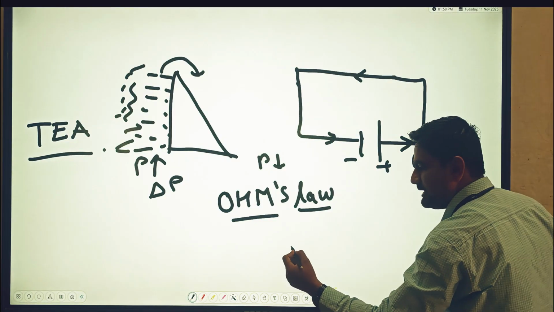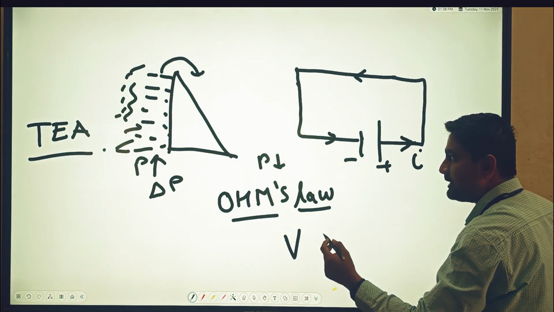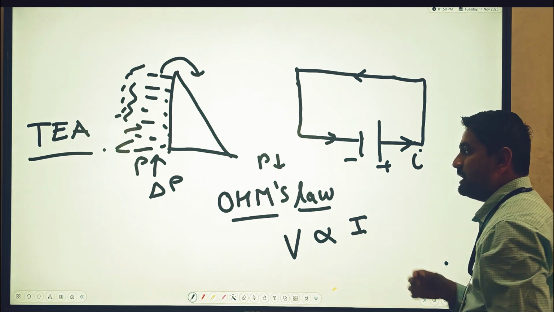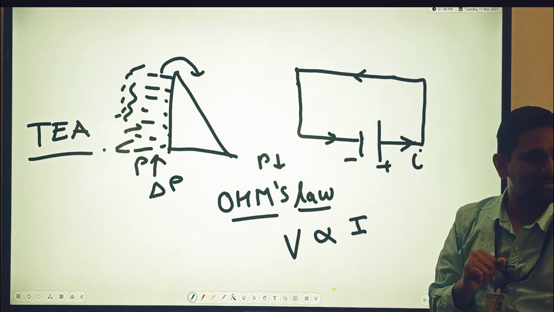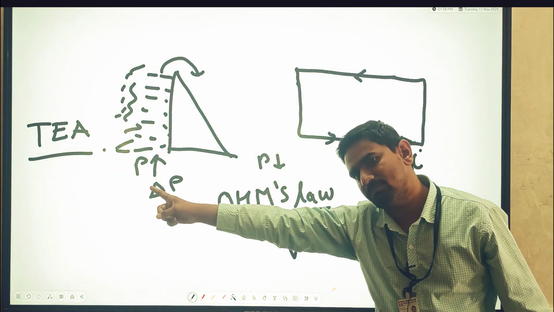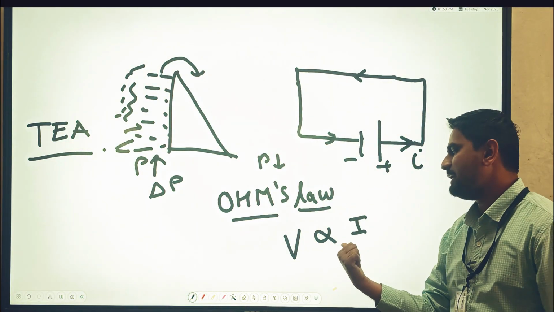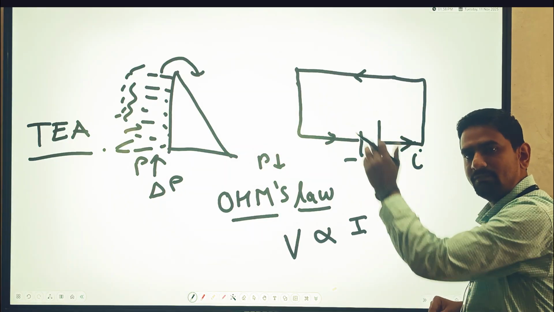So due to potential difference, voltage, right, voltage is directly proportional to electric current. So the more the potential difference, the more electric current will flow through the circuit. Similarly here, if the pressure difference is more, then more water will come to this side. Similar logic we can apply over here. If the potential difference of the battery is more, then more current will flow.